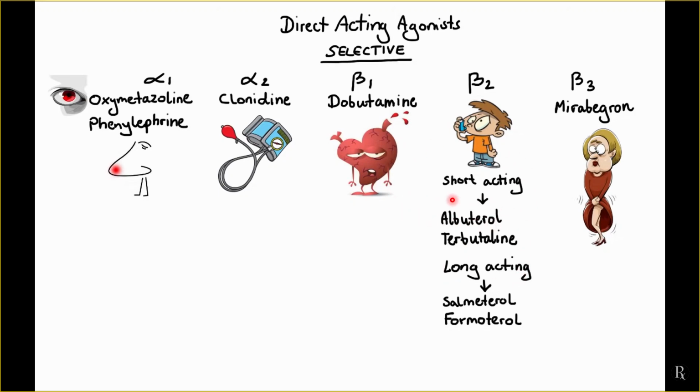Short-acting are albuterol and terbutaline, and long-acting are salbutamol and formoterol. All of these are indicated for asthmatic patients. And the beta 3 agonist mirabegron is indicated for the treatment of urinary retention.